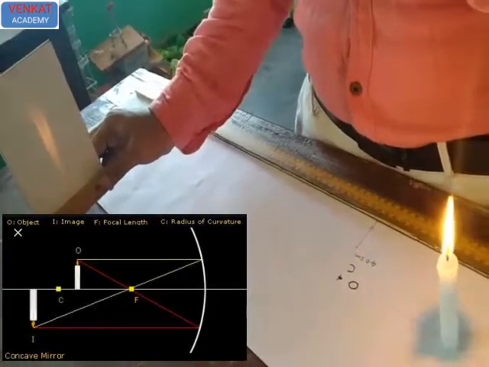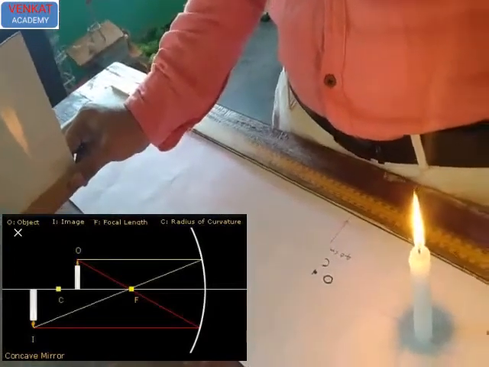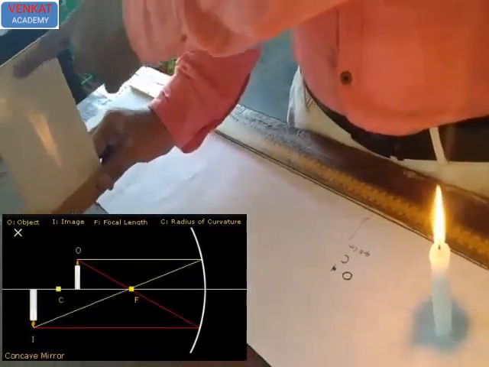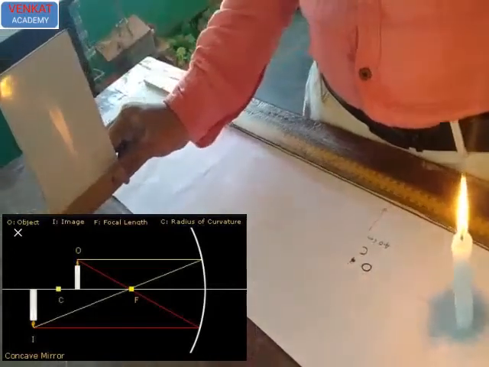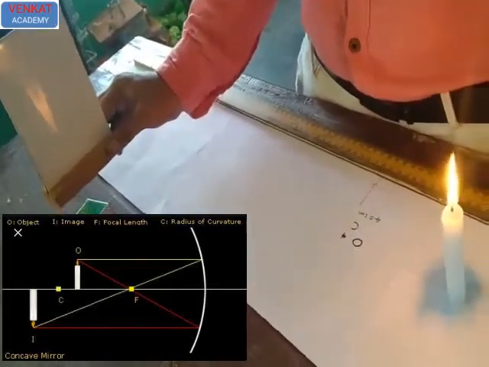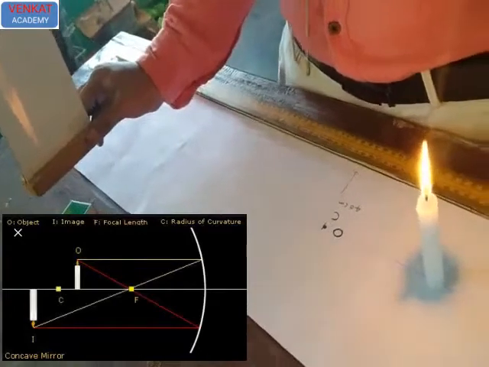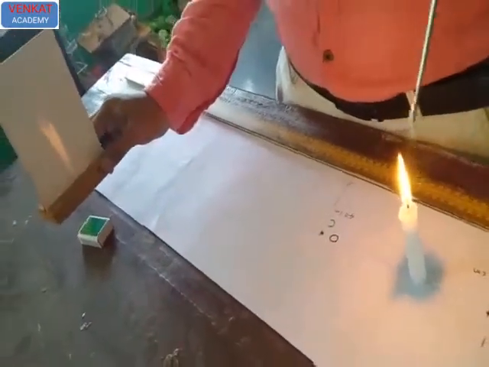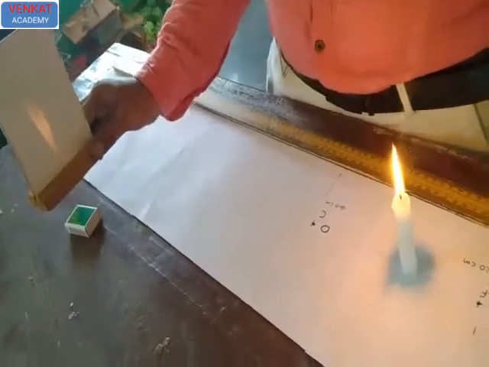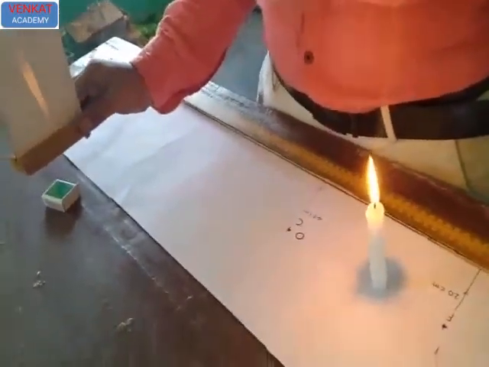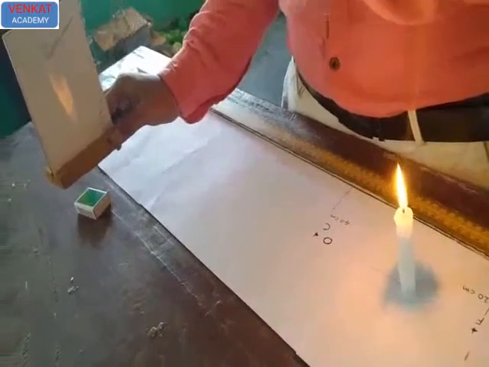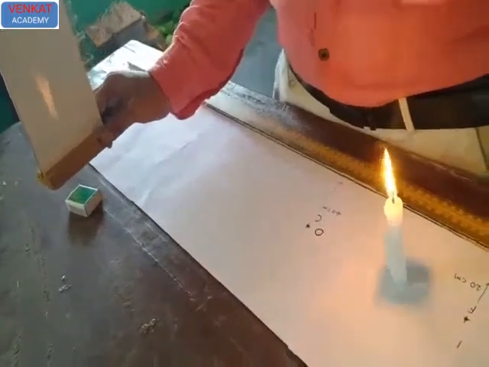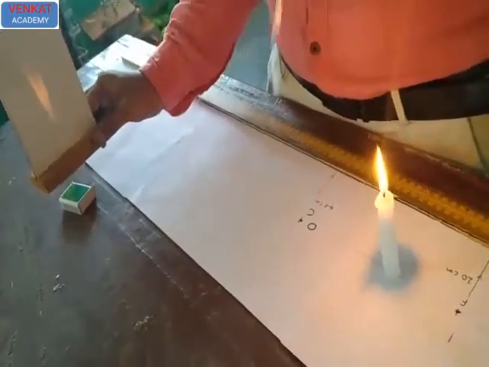The image is real and inverted. And what about size? See here, the object size is very small compared to the image size. The size of the object is small, but the size of the image is very big, so that is an enlarged image.